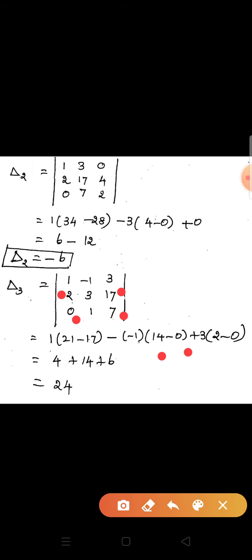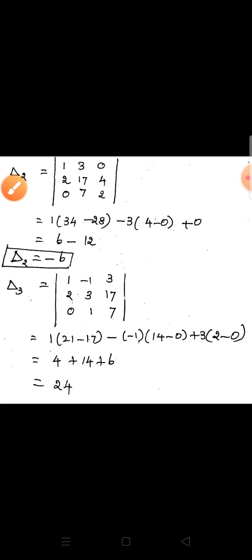And the third element, plus 2 into we cross multiply 2 1 is 2 minus 0. So the answer here is 4, and minus into minus is plus 14. 3 2s are 6. We add these three numbers and get the answer 24. So now we have found the values of delta, delta 1, delta 2 and delta 3.